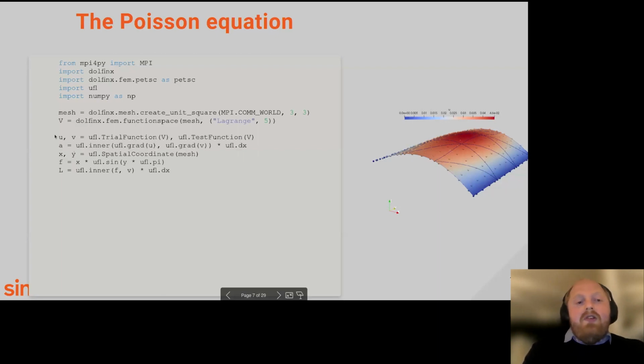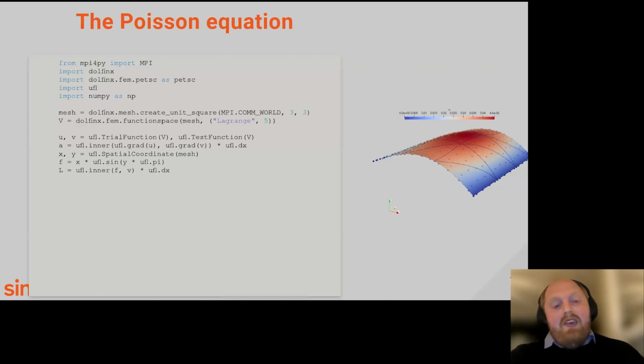We then use the unified form language to specify our variational form. So if you know the finite element method, the idea is you take the Poisson equation, which had the Laplace operator, you multiply by a test function v, usually from the same space, and you integrate by parts.